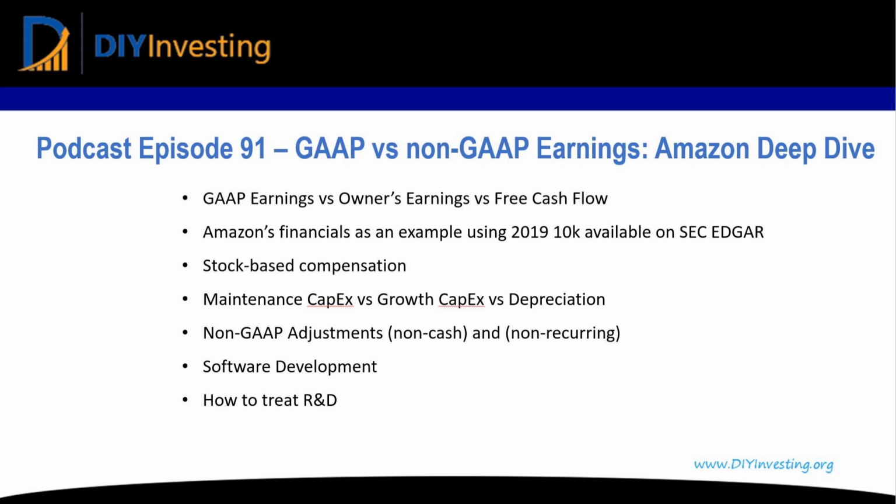We're going to be using the 10K for Amazon from 2019 because, one, I don't care about trailing 12 months earnings. I wouldn't mind using trailing 12-month earnings, but the easiest way to look at it is to look simply at the last 12-month period that is collected all in a single financial statement, which is done with the 10K.